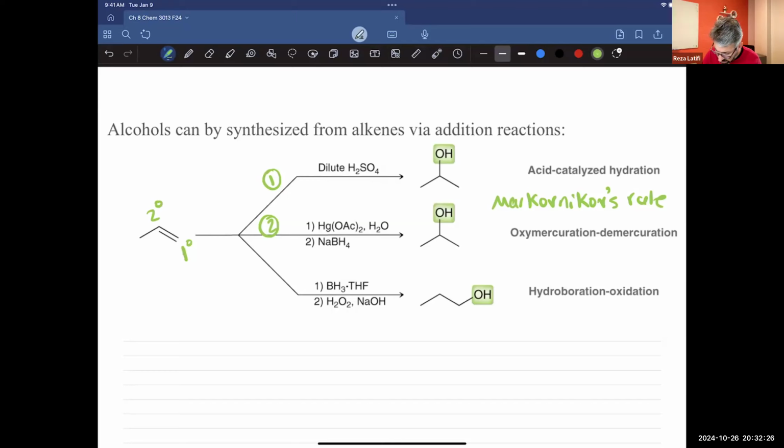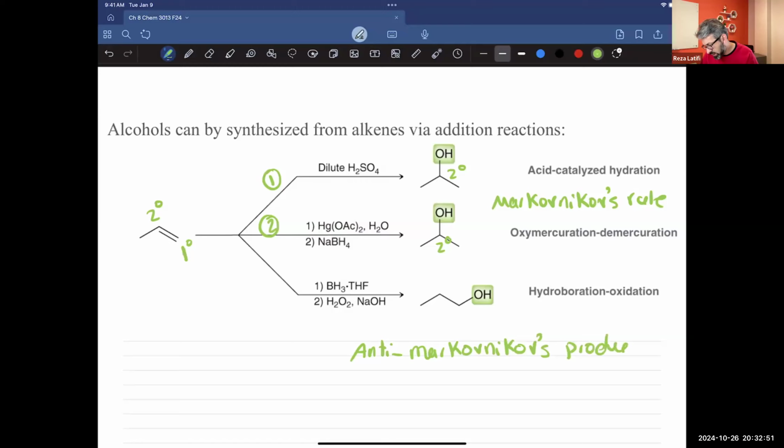And as you see, in the first and the second one, we got a secondary alcohol. The last method, when we are using a boron compound, we get the anti-Markovnikov product.